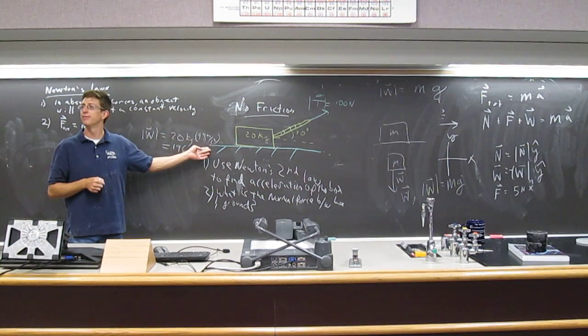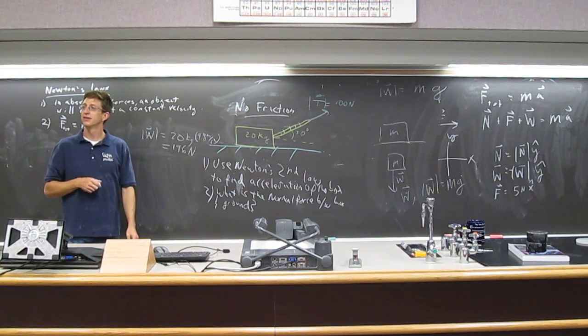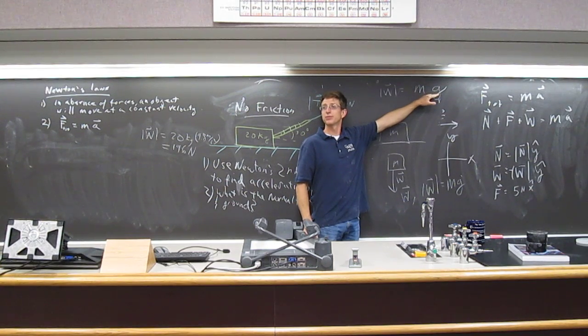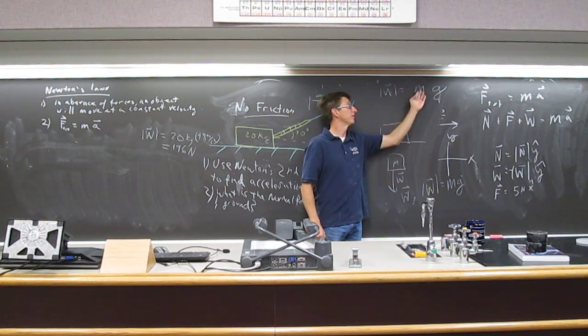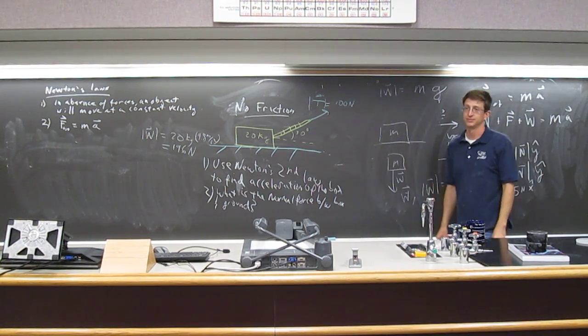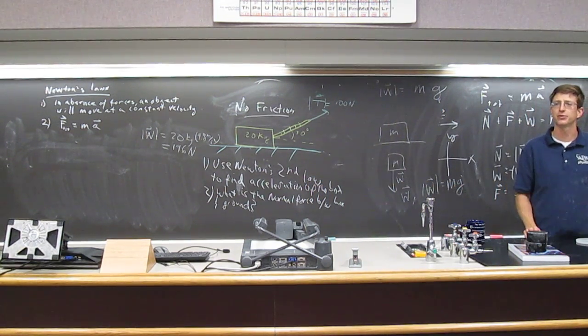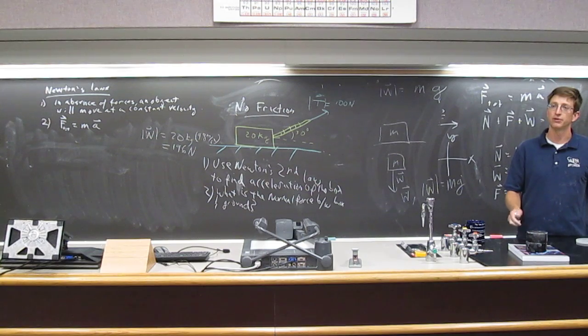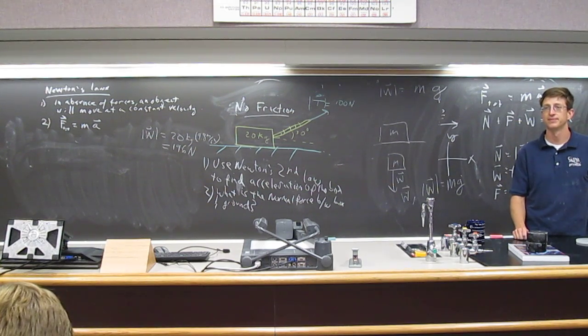It's mg. Well, this is something I'm introducing. Near the surface of the Earth, the magnitude of the weight force is the accepted value. This is what the weight force is near the surface of the Earth. It's mg. It has units of mass times acceleration, which is the same units as force.